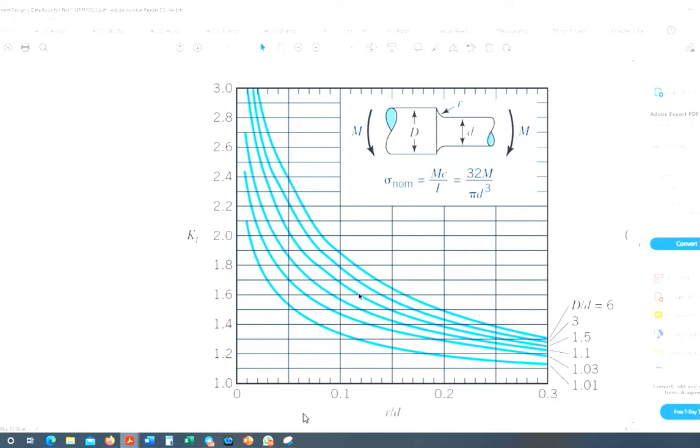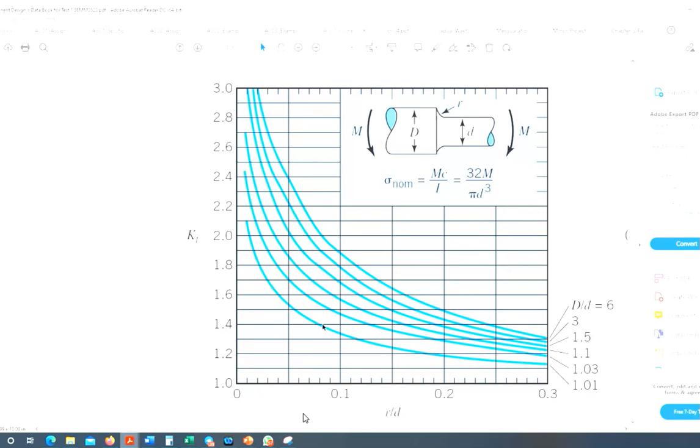Then R over D on the x-axis is 0.085, so 0.085.